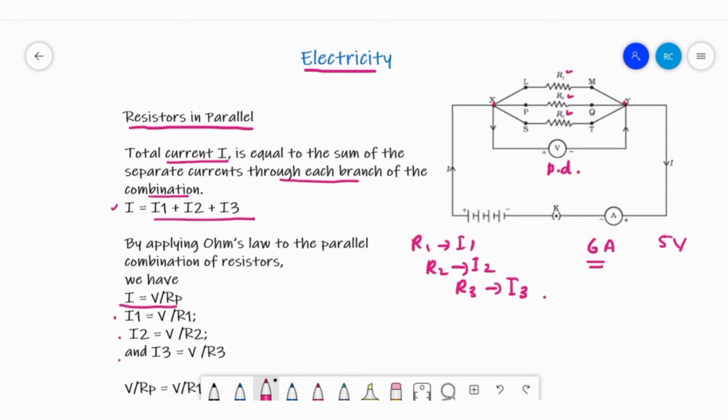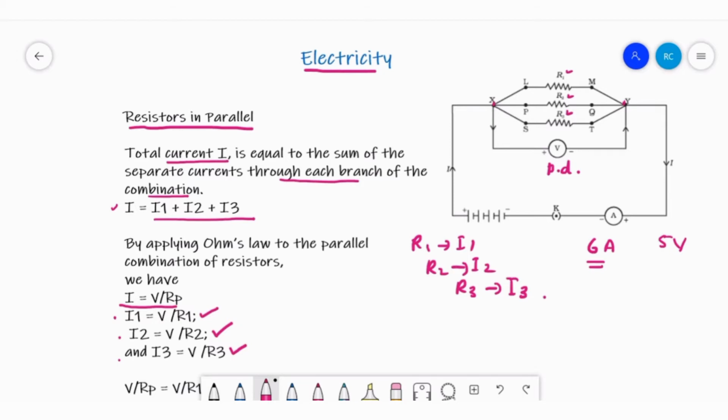Accordingly, we can write the equation I1 is equal to V by R1, I2 is equal to V by R2 and I3 is equal to V by R3. When you look at these equations, you can see V is constant over here, which means the potential difference is constant. Okay, and the current is varying with respect to the resistors.